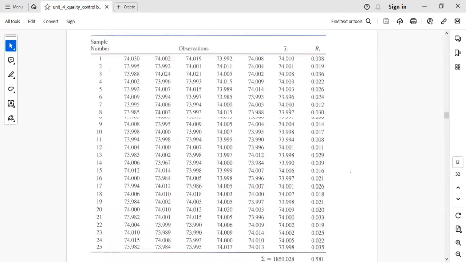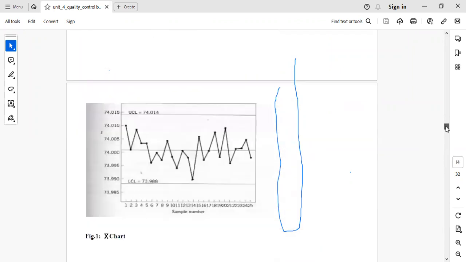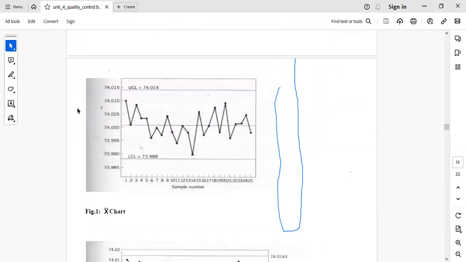All these, so all these, let me just highlight so that you can see, all the sample means, depending on how many you have, those will be the values that you actually have on the y-axis.